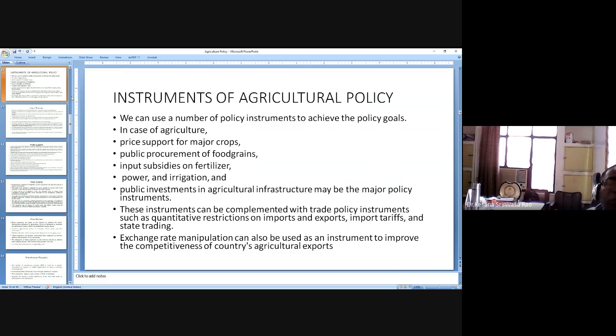Then public procurement of food grains is another thing which we have to see, to reduce inequalities. Because of fragmentation of land holdings in India, day by day the landless people are growing over a period of time. Landless people means they do not have any land; they are agriculture labor, working in agriculture, but they don't have any land.